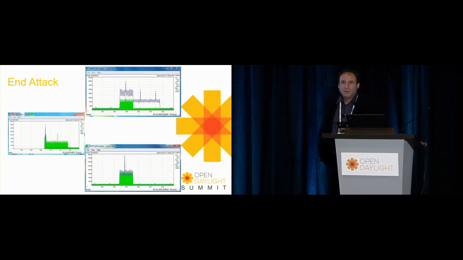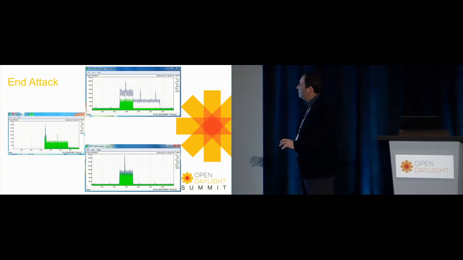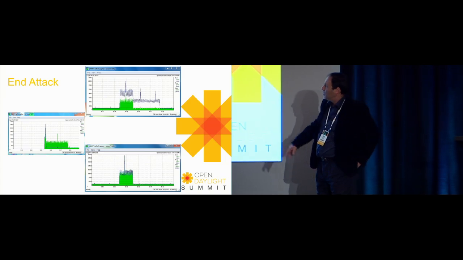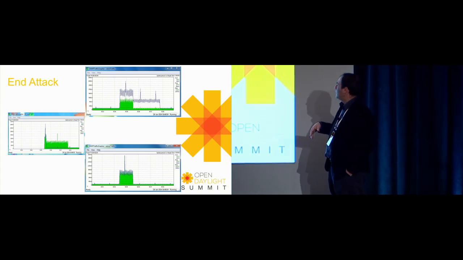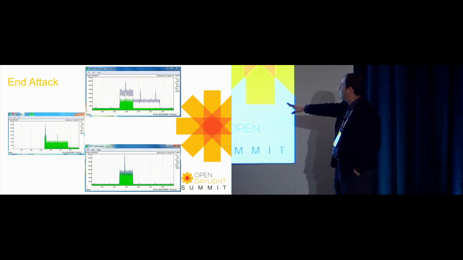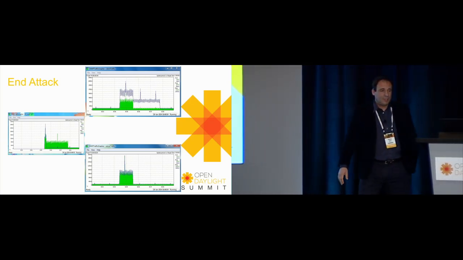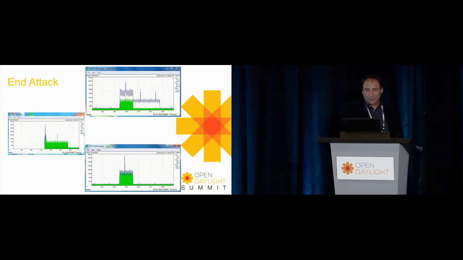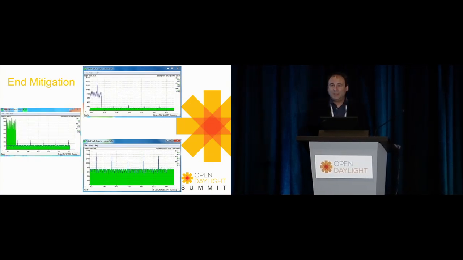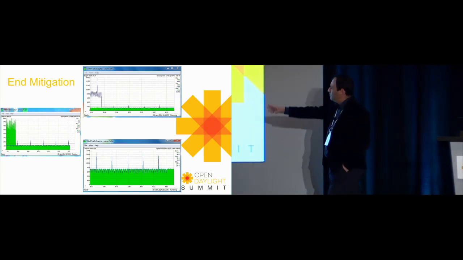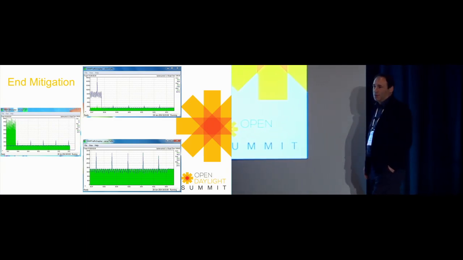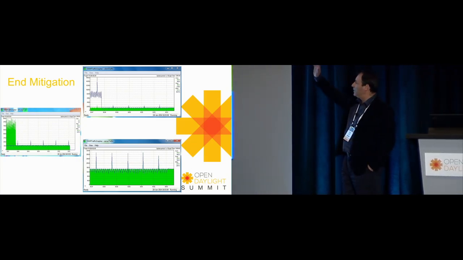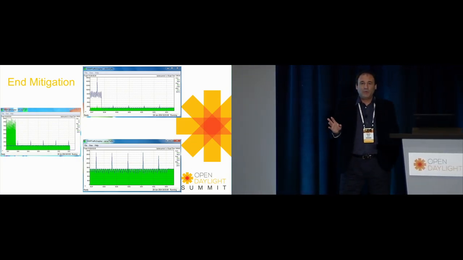Now, when the attack is over, we still do the redirection to the mitigating device, but now we can see that both the client side and the server side traffic is normal, and after a while, we end mitigation, so you can see zero throughput at the mitigation device, and everything is back to normal. Any questions so far?